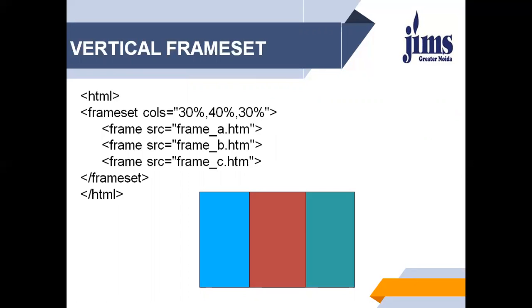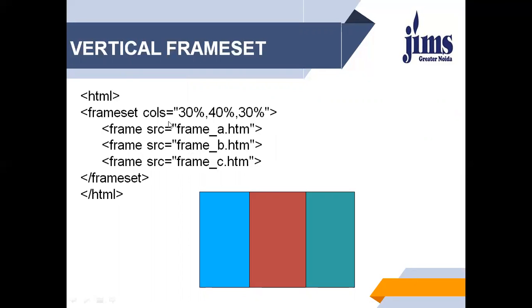So 3 kinds of values are possible: the pixel value, or the percentage of the whole window width, or the asterisk sign. Asterisk will uniformly allocate the space between the given columns.